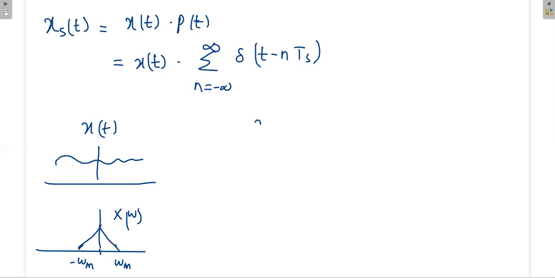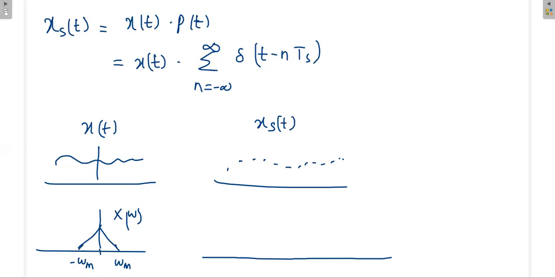Now the question is, if the signal is sampled, taking samples at a regular interval, what is the spectrum of this sampled signal?